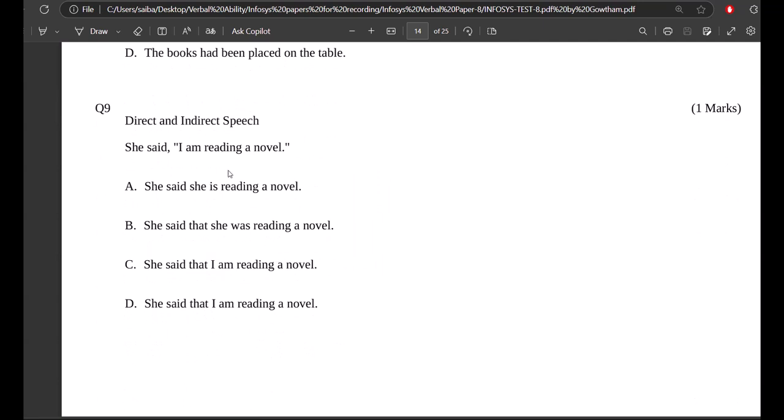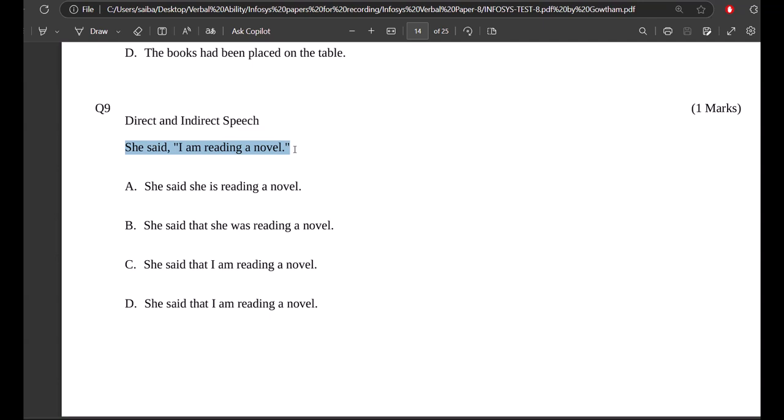Next one, direct to indirect speech. So the question is here. She said, "I am reading a novel." This is in direct speech.